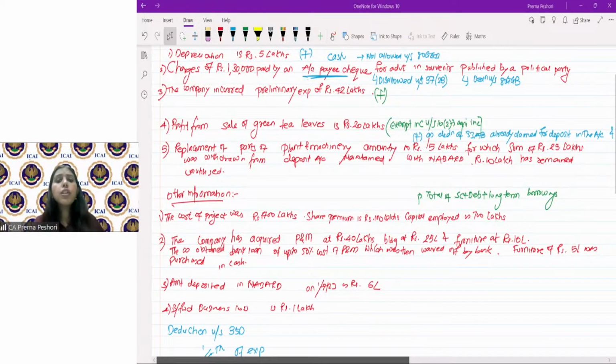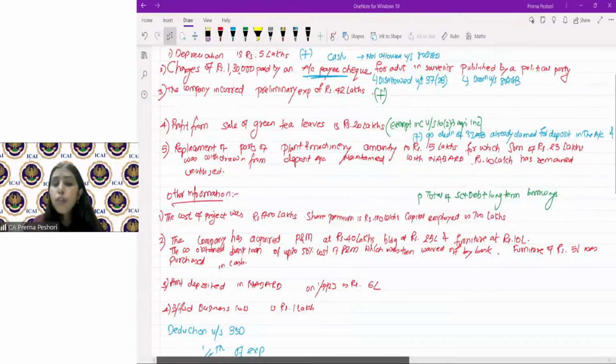You can only withdraw the amount. The amount can be withdrawn only for the specified purposes, or when the business itself is getting closed, or the assessee dies, or the company gets liquidated, or the firm gets dissolved, or there is a partition of HUF. So only on the closure of the business, or on the death of the assessee, you can directly withdraw, or only for the specified purpose under the 33AB.